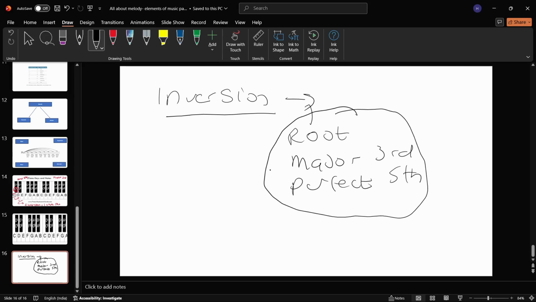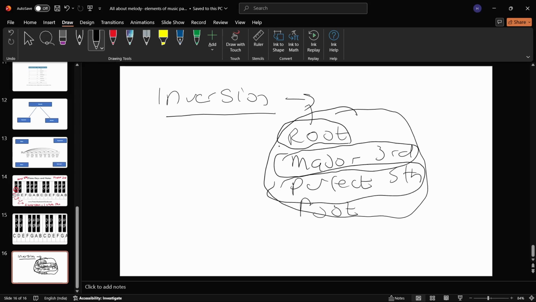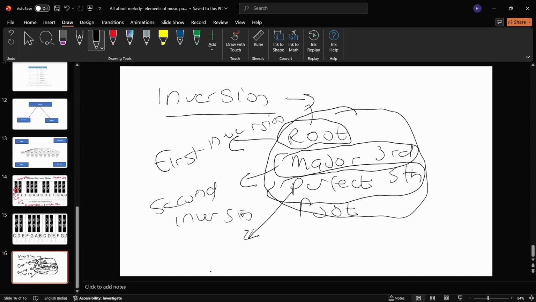Now, if we want to invert it, we will have to move the root of this and move it up here. Similarly, we can invert this. We can also invert this. Moving it from a root is called first inversion, and moving it from a major third is called second inversion, and similarly at the end it's third inversion.